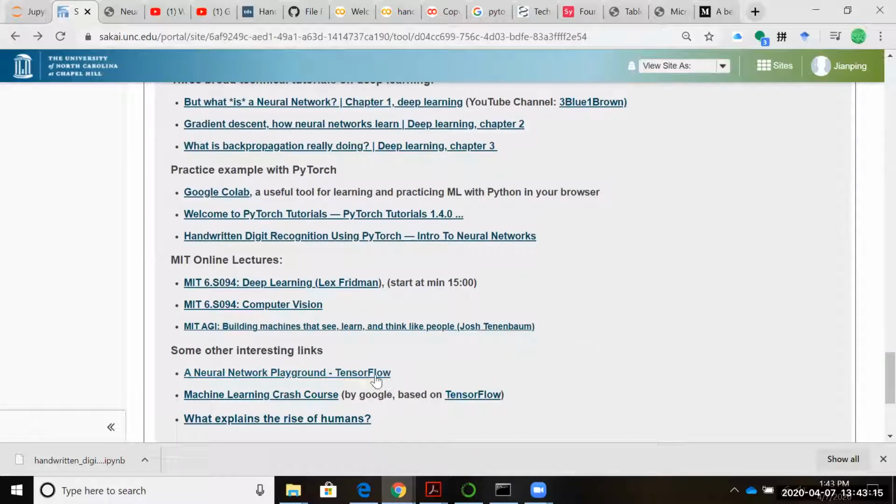The link here is a neural network on TensorFlow. TensorFlow is a platform developed by Google for machine learning purposes, and by far this is now the most widely adopted platform.